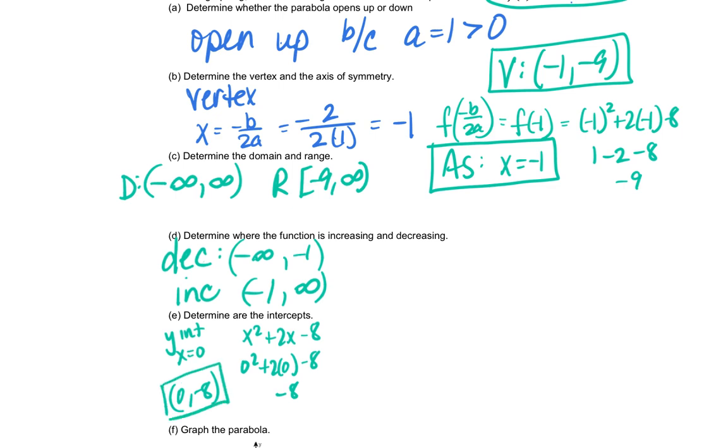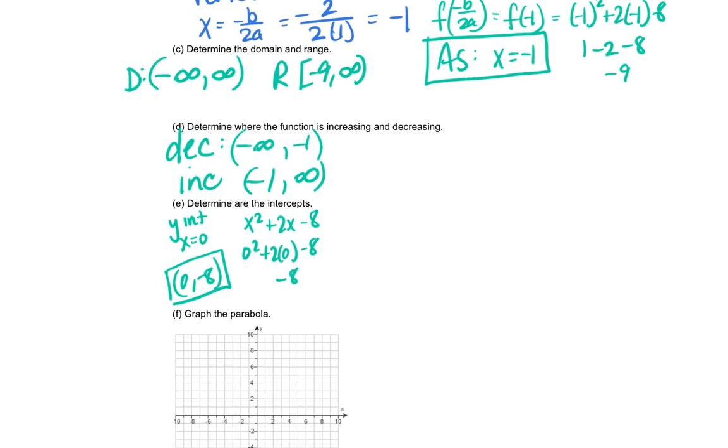So your y-intercept is negative 8. Your x-intercepts are the ones where we have to do some work because that means y is 0 this time. So we've got x squared plus 2x minus 8 equals 0.